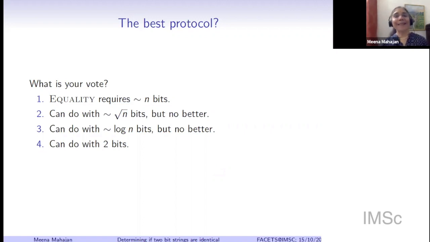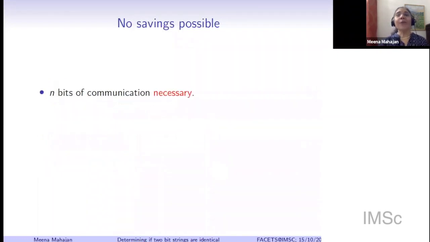The first answer is that there is no one answer. The right answer depends on many things. So I'm going to give you 2-3 different answers, but the first answer should match the intuition that most of you have had till now. And the first answer is that no savings are possible. If you want to compare 2 n-bit strings and decide whether they are equal, then n bits of communication is absolutely necessary.